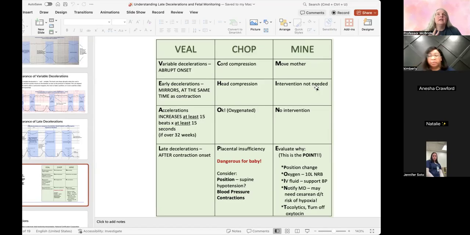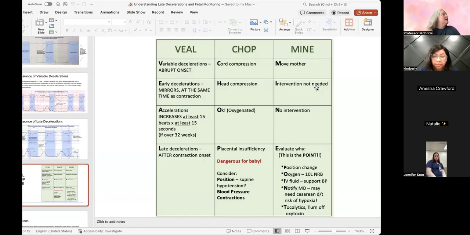So if you have something that is a normal finding, early decelerations are normal, what would be the priority nursing intervention for an early deceleration? Nothing. We just kind of encourage the mom to keep going, I guess. Yep, and document the finding.